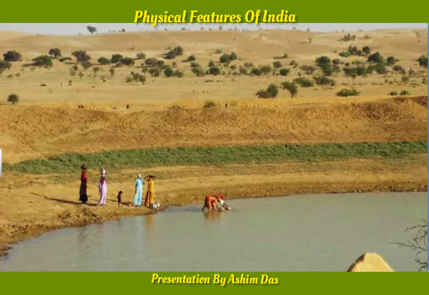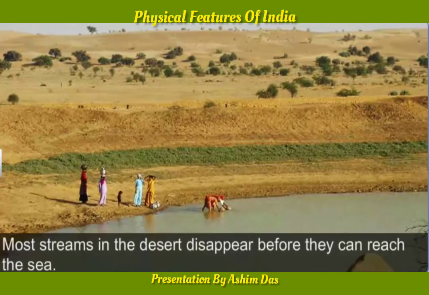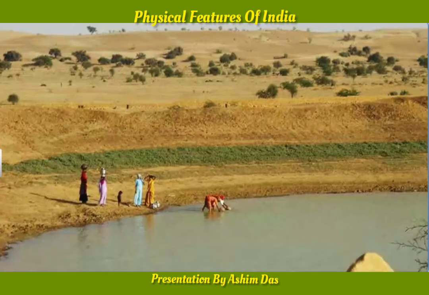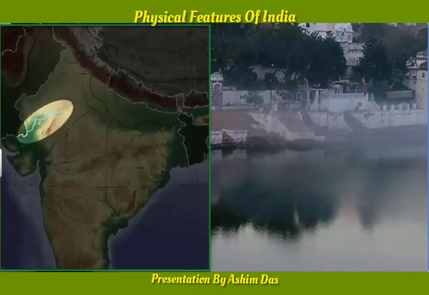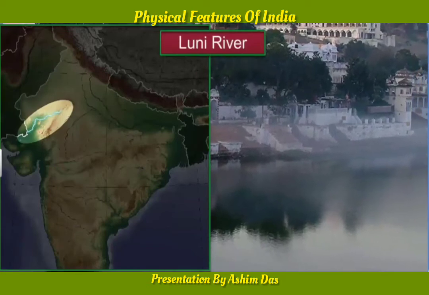However, these streams do not have enough water to reach the sea. So, soon after the rainy season, they disappear slowly into the sand again. The only exception is the river Luni, which is a large river.